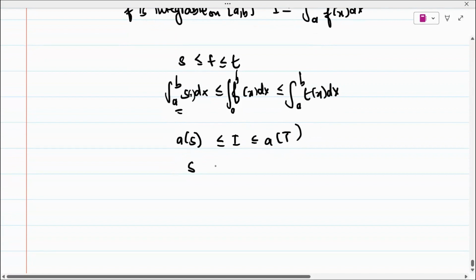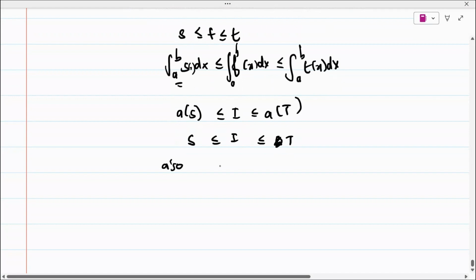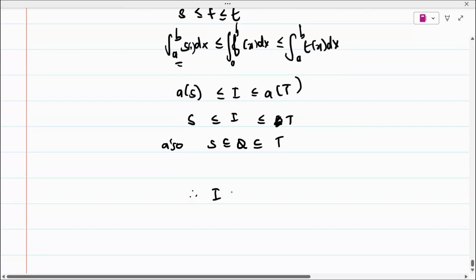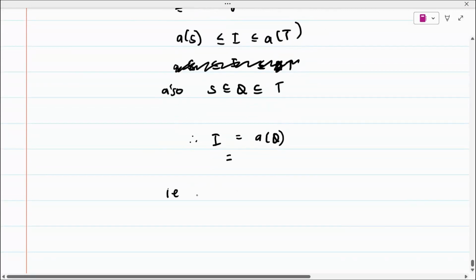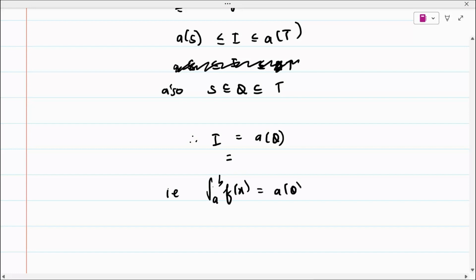Now f(x) is equal to f(t). Also, we defined it in such a way that the integral equals the area, that is, the area of the ordinate set.